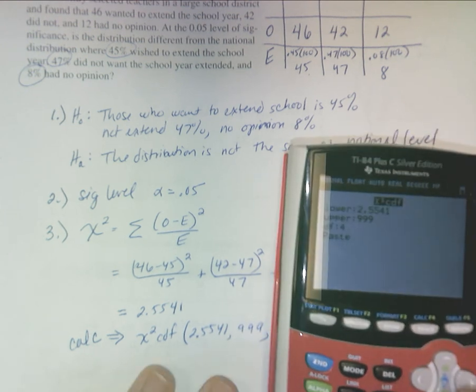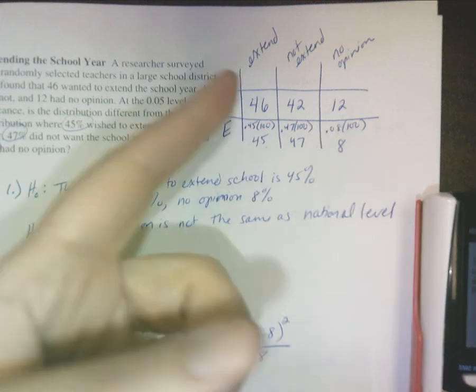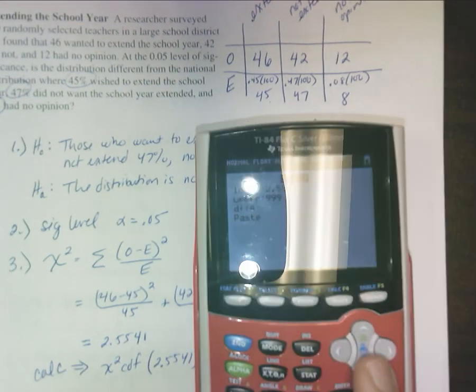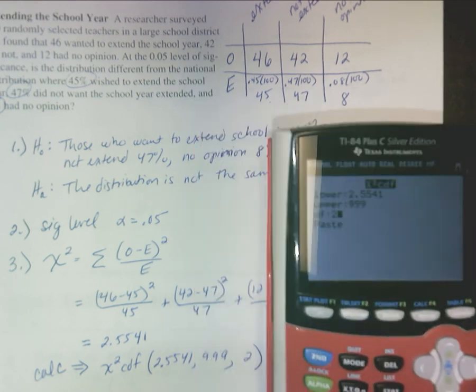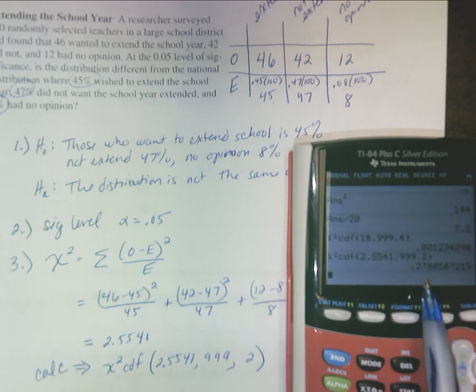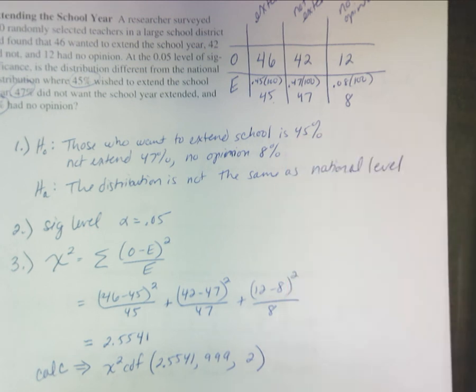Your degrees of freedom: I have 3 categories, I take away 1, so that would be 2. Sorry, I'm trying to move it over so you can see it without the reflection there. And I get a p-value of about 0.28. It's pretty high.